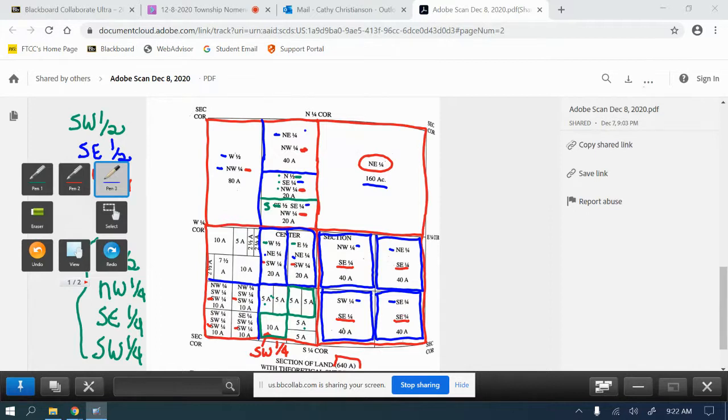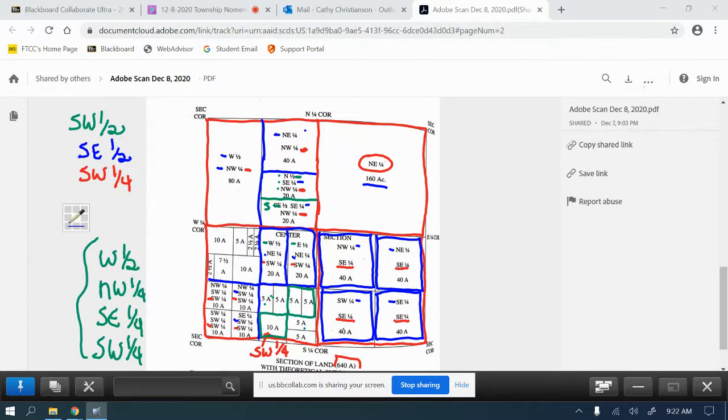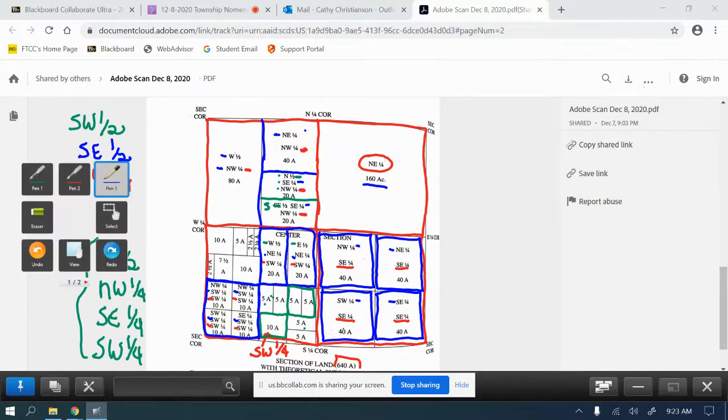Then when we subdivide the southwest, it's in the southwest 1/4. So in other words, I'm in here. So they're both southwest. Now, then they divide those up into 4 sections.